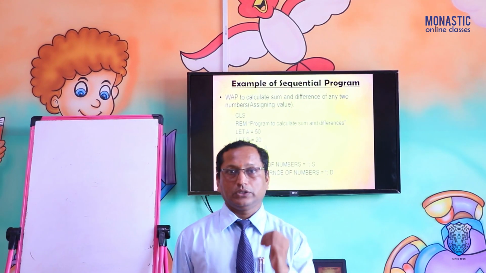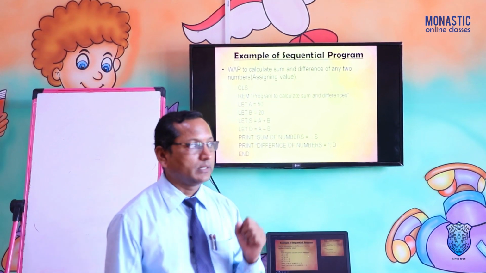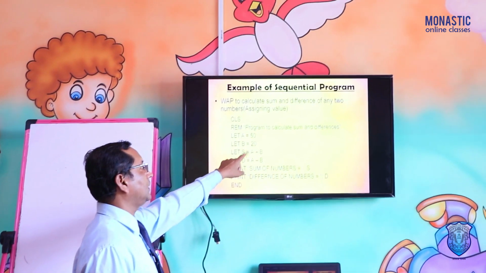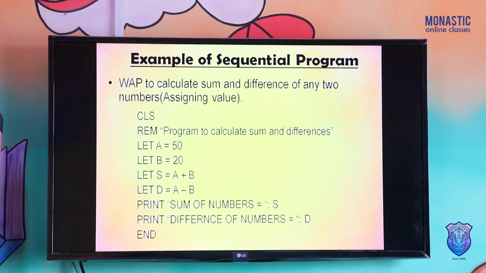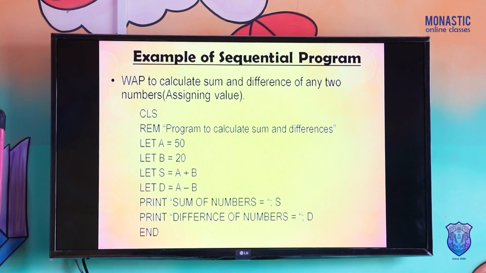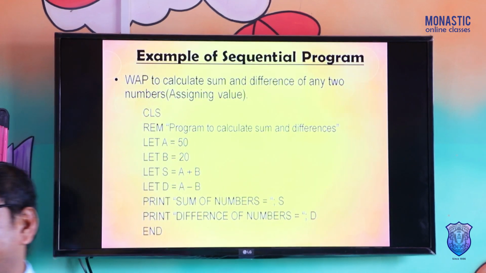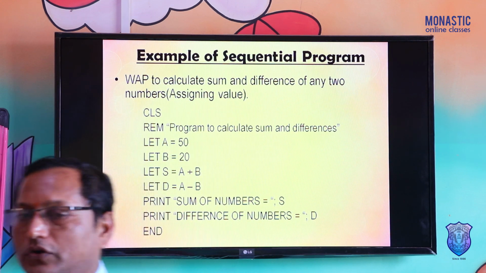But this is for beginners, for the starting. That's why I have written it here by assigning value. But in the examination hall, you do not have to write the program by assigning the value. There you will write the program by asking value, because your values will not be mentioned.